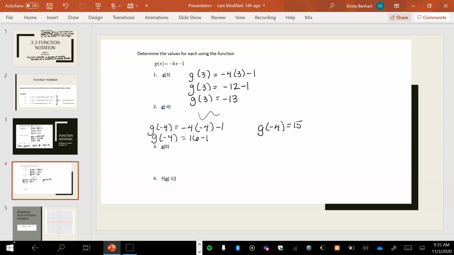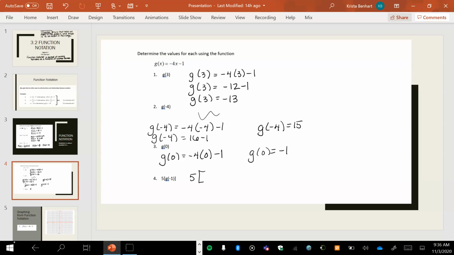G of 0. So the g of 0 equals negative 4, and we're replacing the x with 0. G of 0 equals negative 1. All right, this last one is tricky, so you just have to work from the inside out. So I have 5 times the g of negative 1.